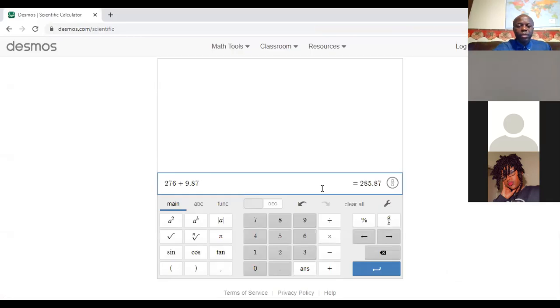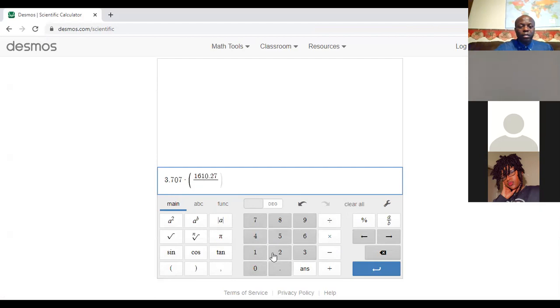So you have 3.707 times, we have a standard deviation of 1610.27 over the square root of 7.